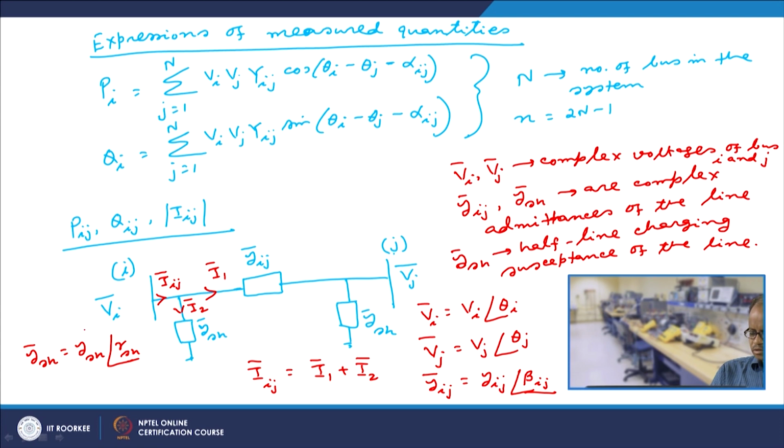Actually gamma shunt would be equal to 90°, so it is actually j y shunt, because gamma shunt would be equal to 90°. So j y shunt.